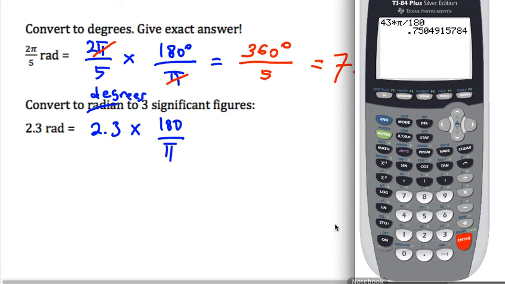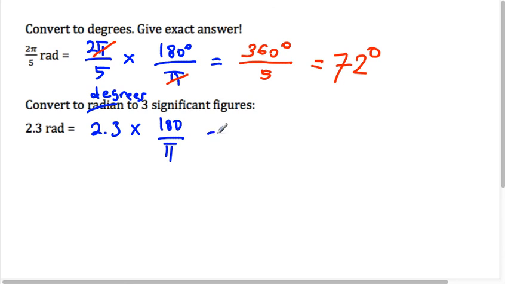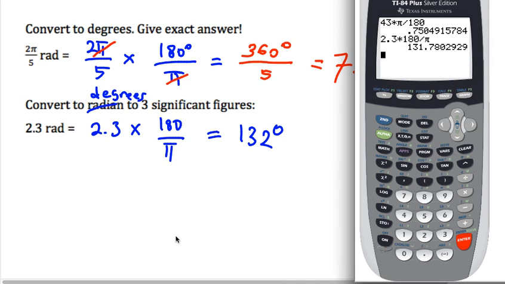With the help of the calculator, 2.3 times 180 divided by pi will give you 131.78 degrees. So to 3 significant figures, that will be 132 degrees. So try it yourself then to convert from degrees to radian and vice versa. Good luck.